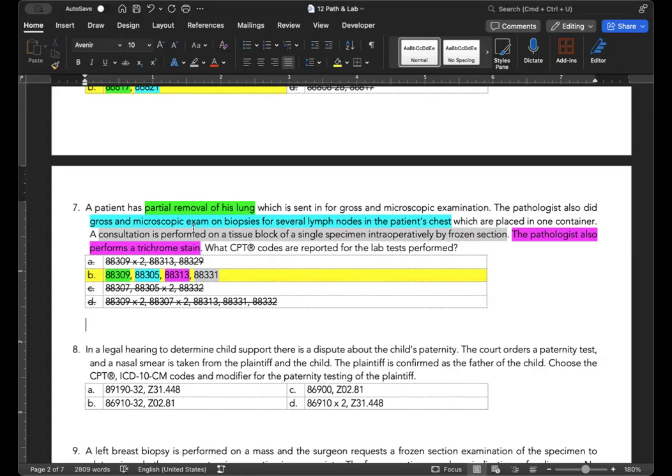For 88307, your breast entry is for excision of a lesion requiring microscopic evaluation of surgical margins, or a mastectomy, partial or simple. And then 88309 is for your breast mastectomy with regional lymph nodes. So again, don't just stop at, oh, breast is there, that's the only one I need, right? Make sure that the intent also matches if it's stated.